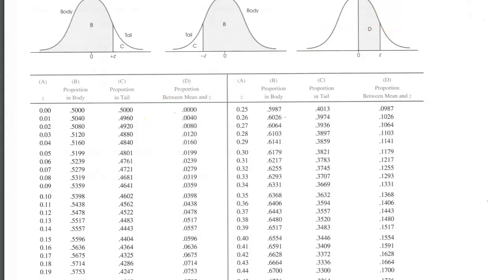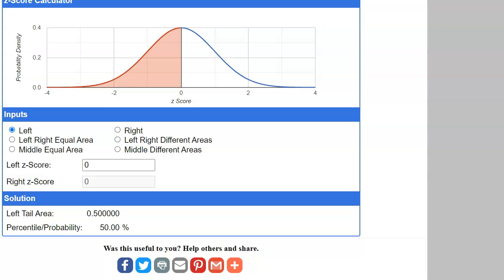Now I'm going to transition you into our z-table. Our z-table is from zscorecalculator.com, and we're only going to be using a couple of the buttons. Right now I had it set up as left, which I'm interested in finding, and I'm using the left z-score. I'm interested in finding the area on the left of this value I put in.